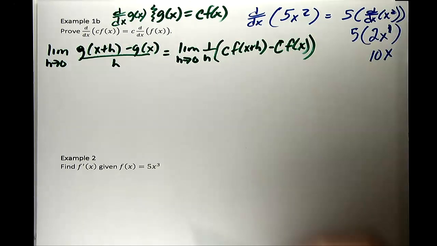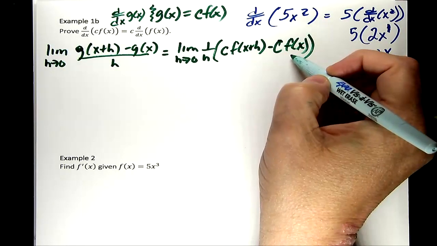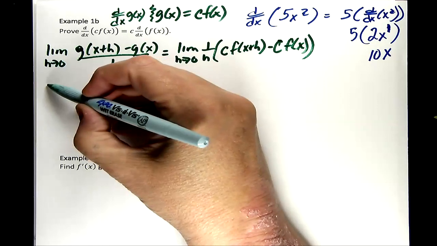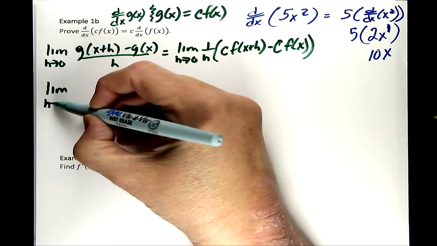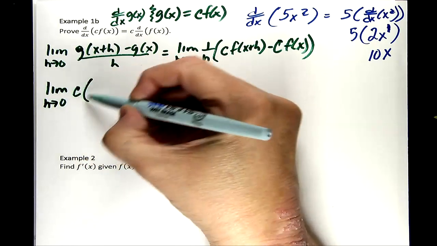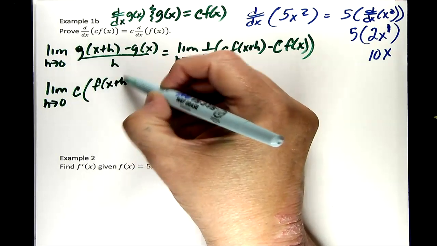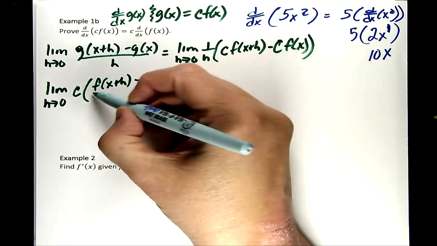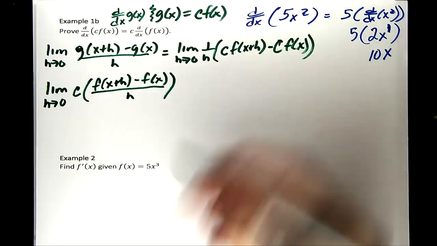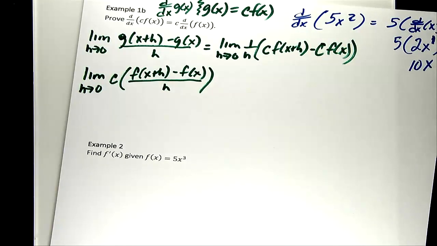All right, so I'm going to multiply the 1 over h in. I'm going to factor the c out. I haven't done anything with the limit yet. I'm just doing some basic manipulation of these things.